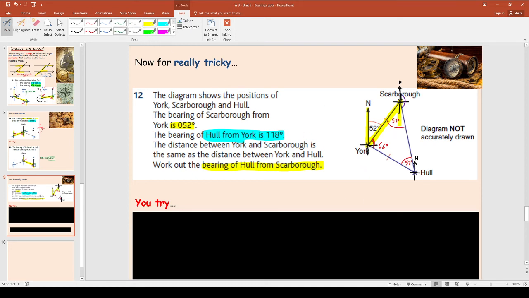So if you check it out in green, this green here is going to equal this green here because it's in a Z angle. So that's 52 degrees. Cool? Which means, buddies, that this here, because it's 57 altogether, is only 5 degrees. Get me? Because 52 to get there, 5 more to get to 57.